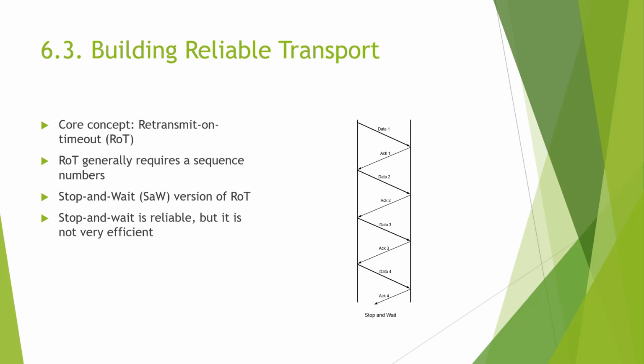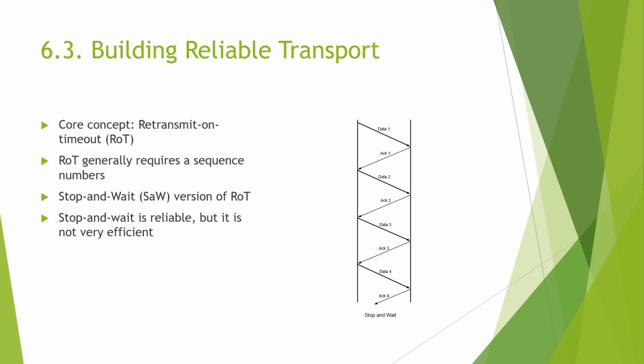When we're looking at sending data via TCP or UDP, there is an assumption that the data network we're sending over is going to be, one, secure, and two, sustainable, meaning it's going to be functional. So when we're building a reliable transport, we have to look at a few core concepts.